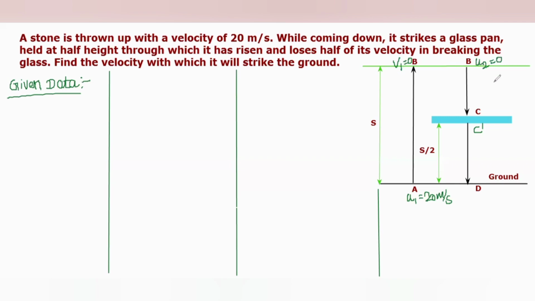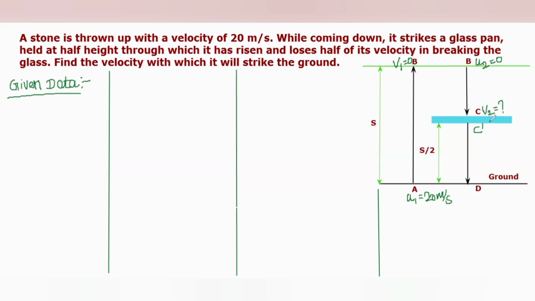Here we have to calculate the velocity at point C with which it hits the glass pan. After that, at C dash, it leaves the glass pan with half of its velocity.